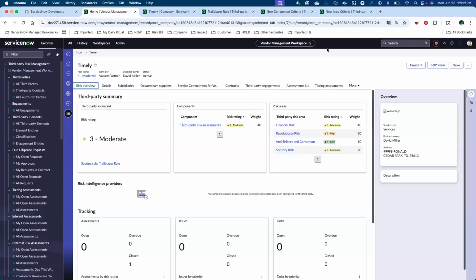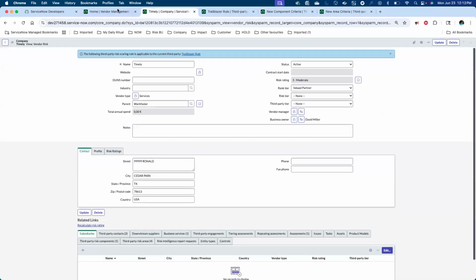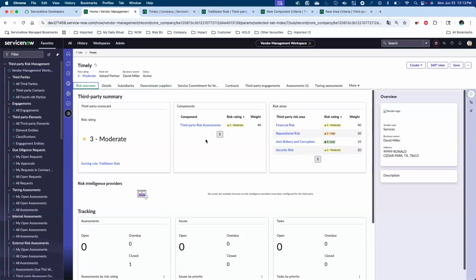And based on the component criteria, it's ideally a weighted average. Now in this case, there is only one component, so it just turns out to be 3 moderate for Timely. So what we have gone through so far is we understood the bigger picture of the risk rating, at the third-party level, at the component level, and we also dwelt deeper into how the risk rating gets calculated for this component, third-party risk assessment.